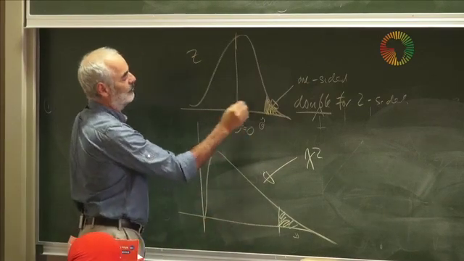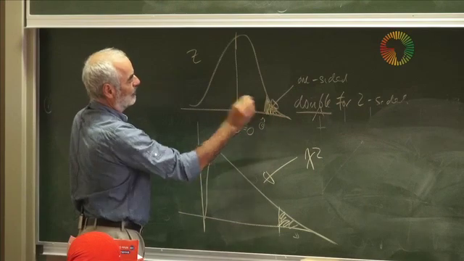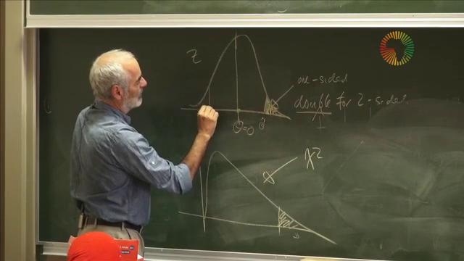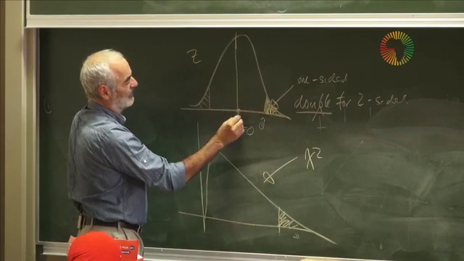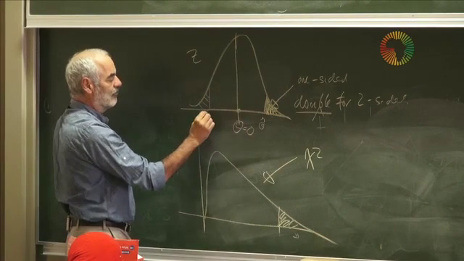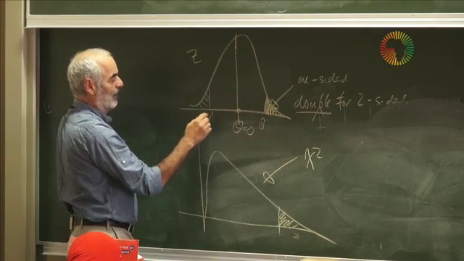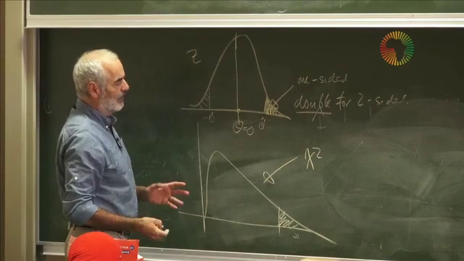And typically then you double it to give a two-sided p-value, because you're also calculating the probability of getting something equally extreme the other way.